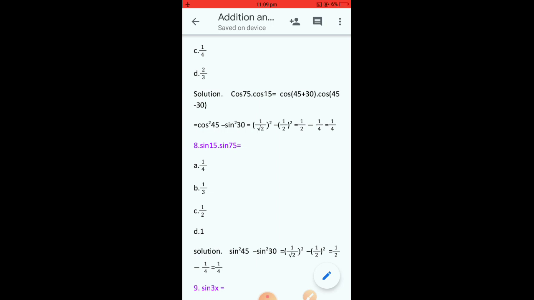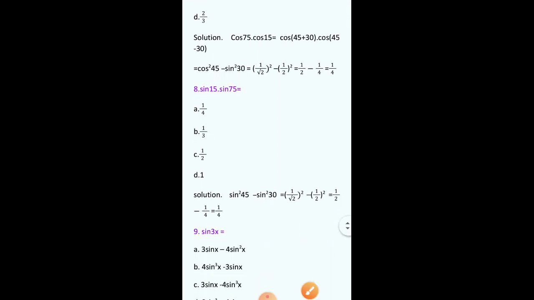That means again 1 by 4 is the correct answer, option number A.